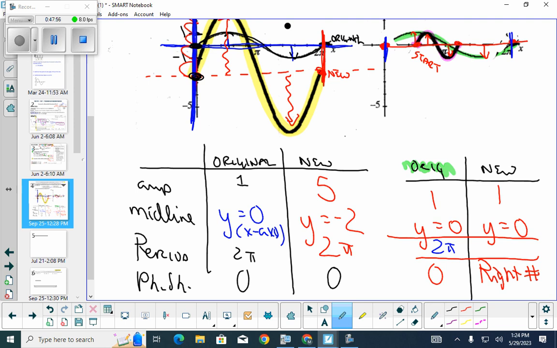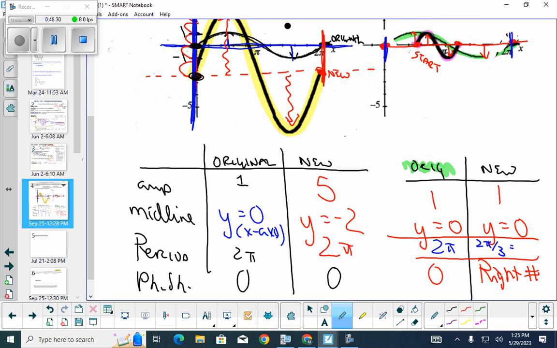Now, go from peak to peak. So that's 1. Go again, peak to peak. 2. Go again, peak to peak. 3. So how many waves appeared in that 0 to 2 pi? 3. So the period is 2 pi divided by 3 because it had 3 waves appear.